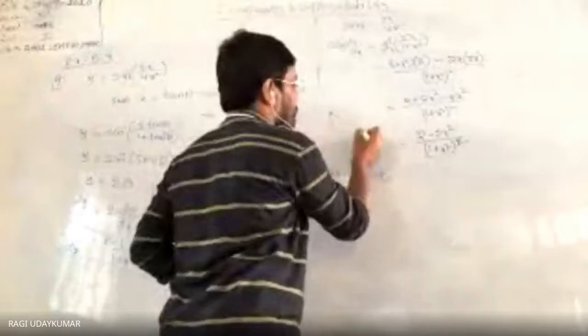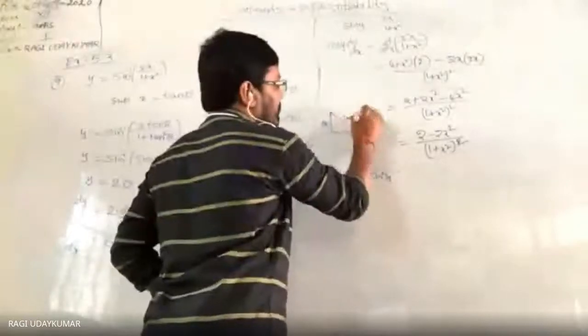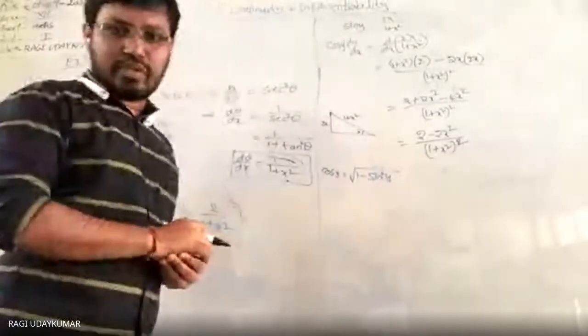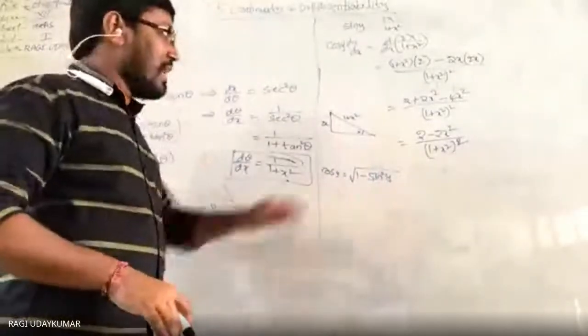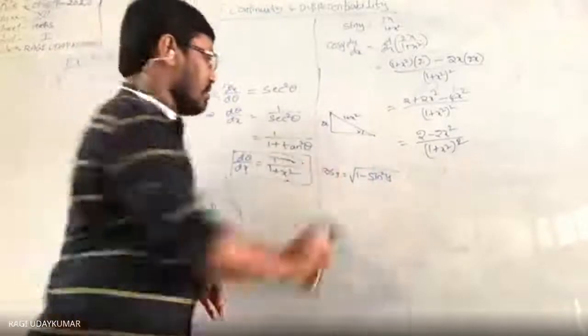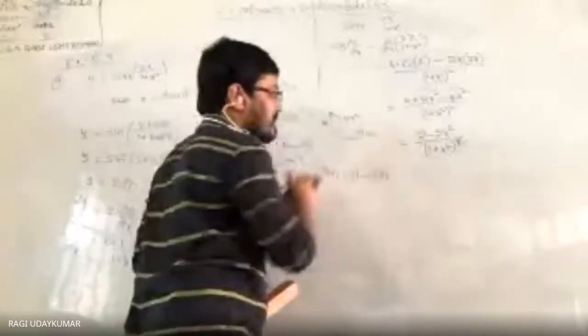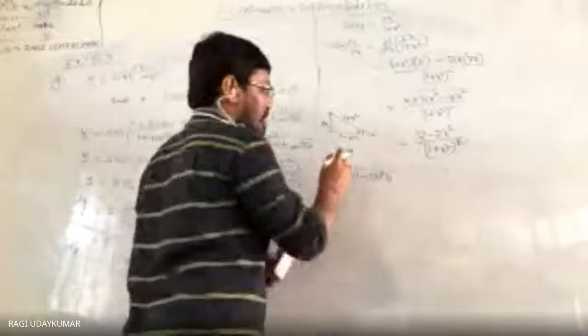Suppose you consider that this is the angle y. Sin y is nothing but opposite by hypotenuse. If you take this one into it and find out the remaining side, it is lengthy, but you are going to get this as 1 minus x square.